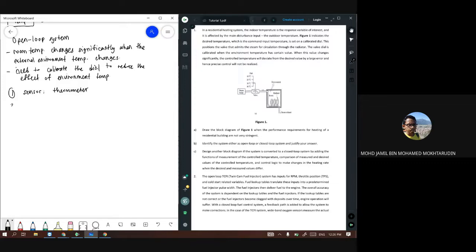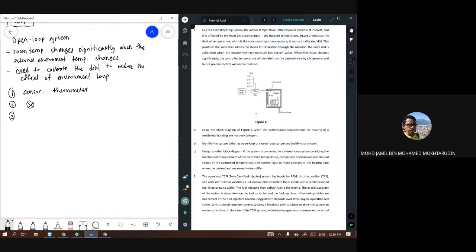and then number two, you need to add a comparison of measured and desired values of the controlled temperature. So this second point, basically, the question wants you to add the circle with cross symbol as what we looked at last week on closed loop system. So you need to add this thing in your block diagram.